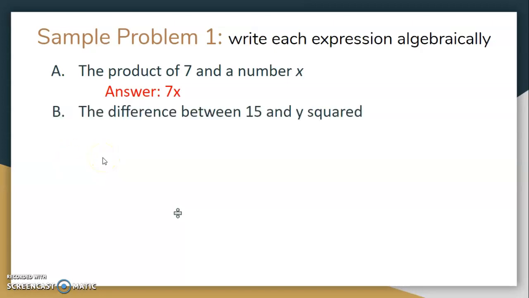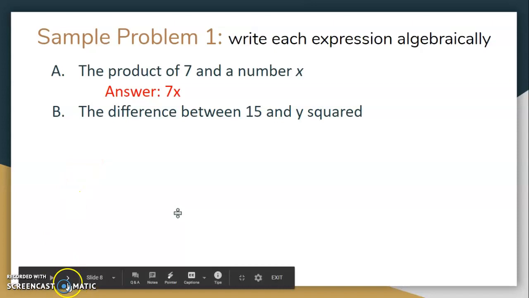So the difference between 15 and y squared. That would be 15 minus y squared. So remember that squared means the exponent 2. Okay? If it was cubed, cubed would be 3.